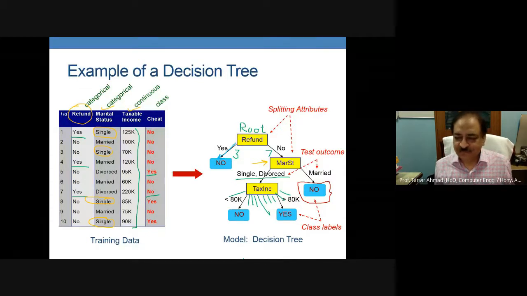Therefore, this problem cannot be solved like this. At this point, you have to find the split point, the point at which you use this particular continuous value to find the best split. Okay. Therefore, I am going to find the best split point.